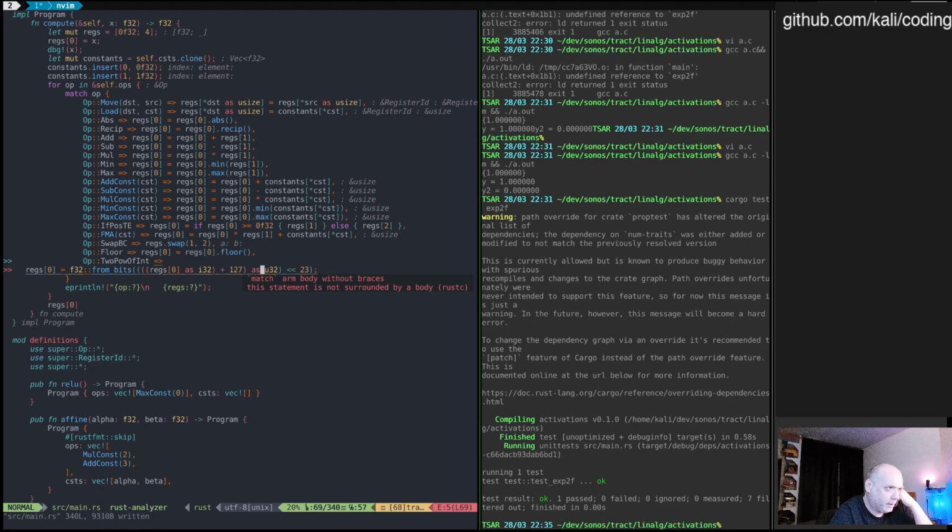We come back to u32 to avoid, I mean, do I need this one actually? I don't think so. I think I can dispose of this specific cast. Then we shift it 23 times to the left, and finally, we reinterpret it as a float. Okay.